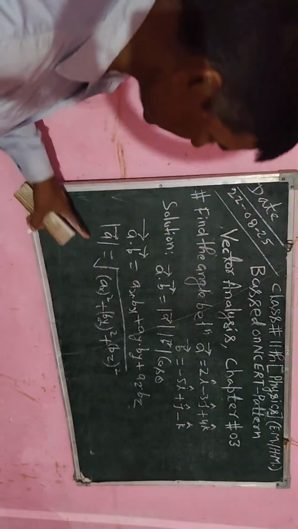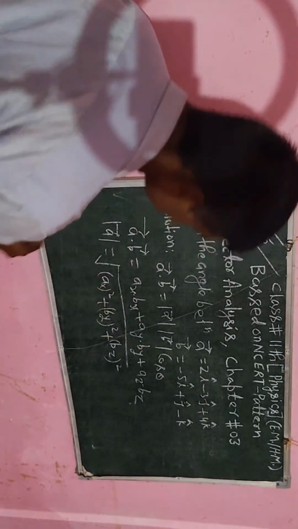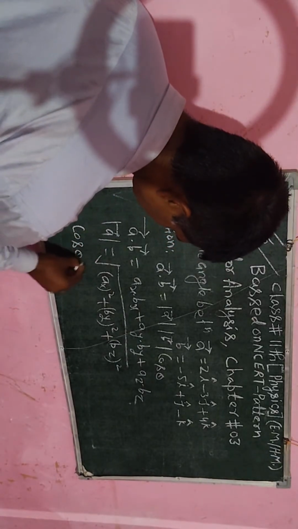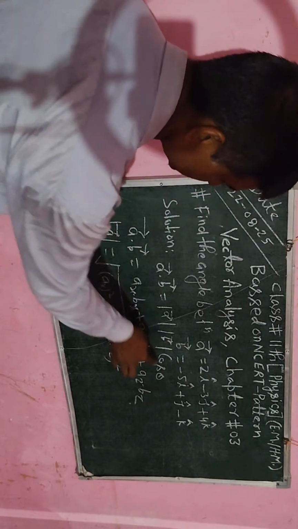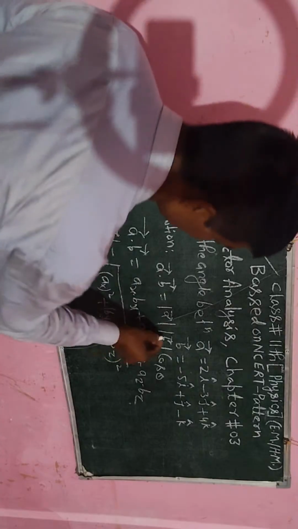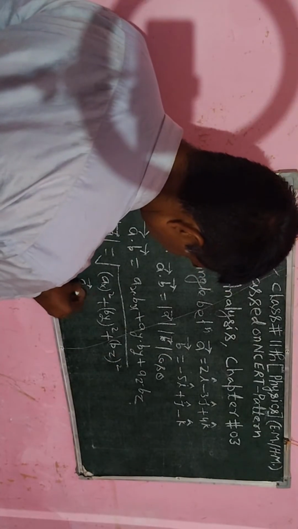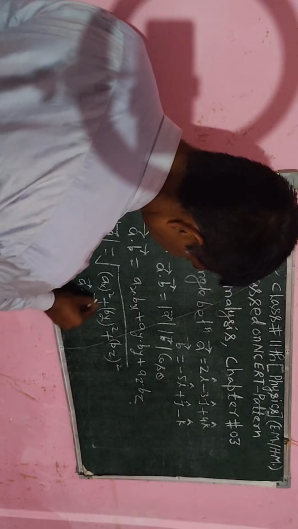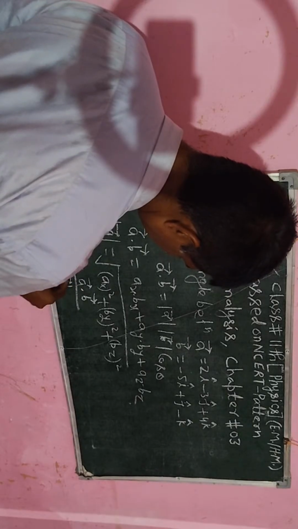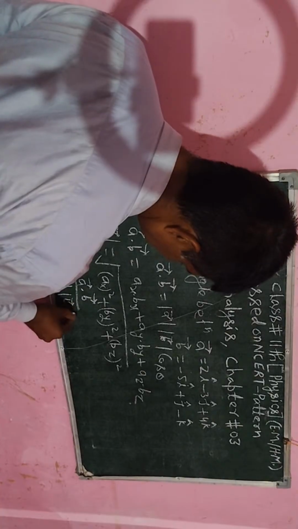So this is for vector A. Now we have to find the value of cos theta. cos theta is equal to vector A dot vector B divided by magnitude of vector A into magnitude of vector B.